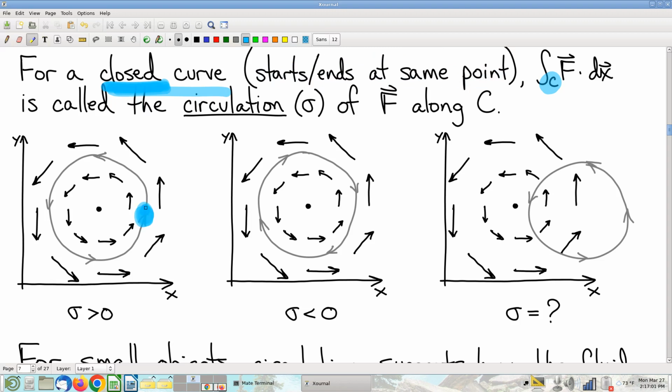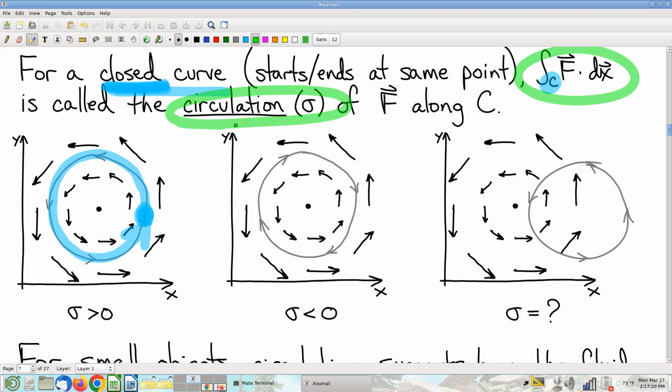Let's say we start there, it goes around, and it comes back and ends right where it started. This is what we call a closed curve. In the case that you're talking about a closed curve, we give a special name to the vector line integral. And the special name that we give to it is circulation.